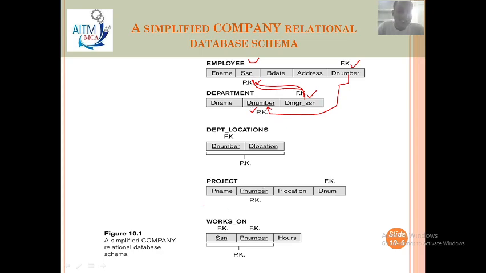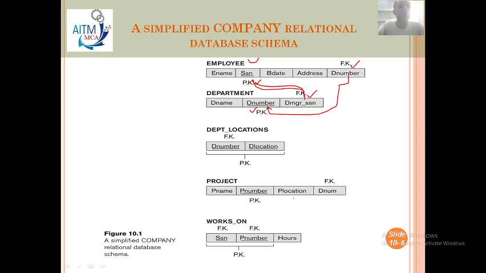Here, see now, attributes of 3 tables are combined: department location, department number, project name, project number, P location, department number, then works on SSN, P number, hours. All these 3 tables' attributes are combined, so it is very difficult to explain. In spite of that, you can have a primary key and foreign key.